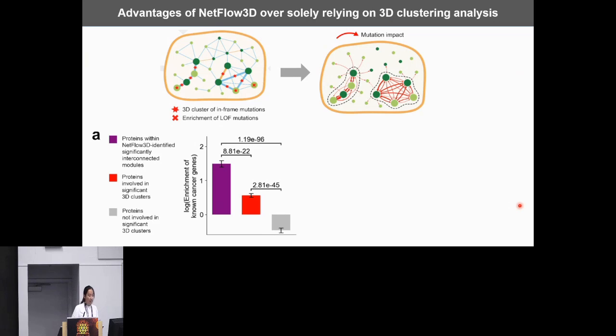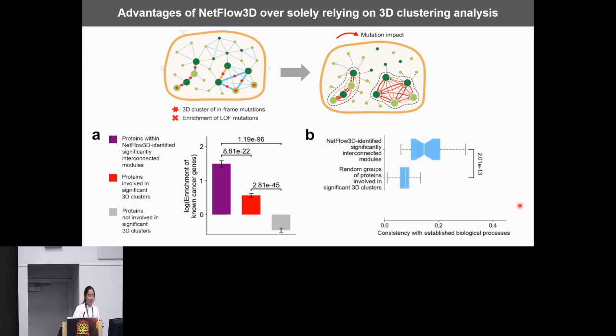And the second advantage is that by extending our analysis beyond molecular level analysis, we can get broader insights into what are the underlying dysregulated biological processes. This is demonstrated by our observation that these NetFlow 3D identified significantly interconnected modules have much higher consistency with established biological processes compared to those random groups of proteins with 3D clusters.